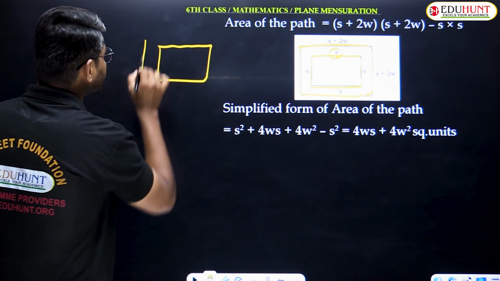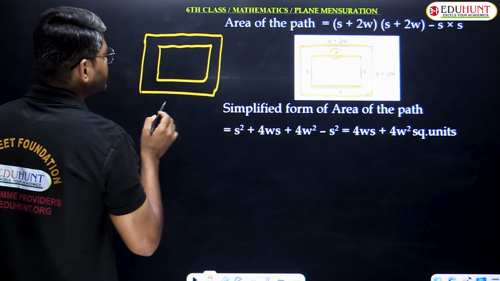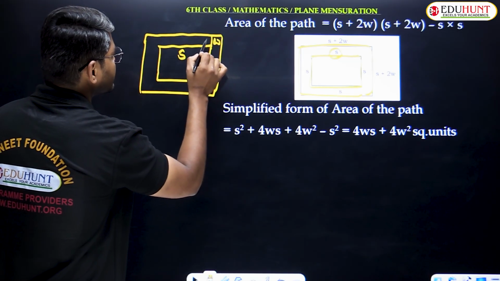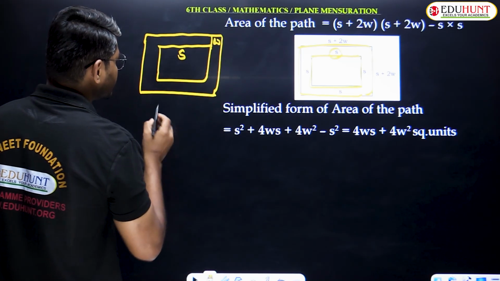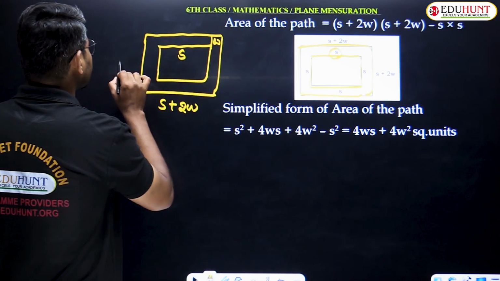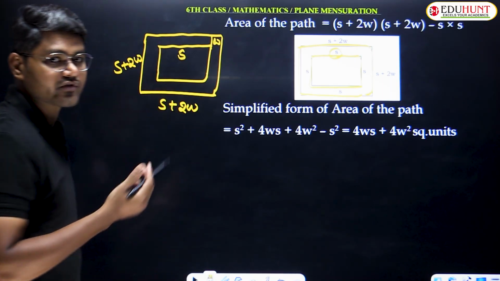Inner square and outer square. This is S units. This is W. So this becomes S plus 2W. This also becomes S plus 2W because all sides are equal in a square.